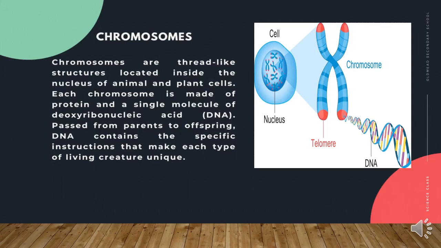Each chromosome is made of protein and a single molecule of DNA, or deoxyribonucleic acid, passed from parents to offspring. DNA contains the specific instructions that make its type of living creature unique. Let us watch this video so that we can understand more what chromosomes are.